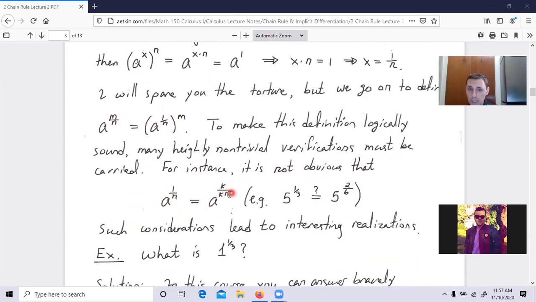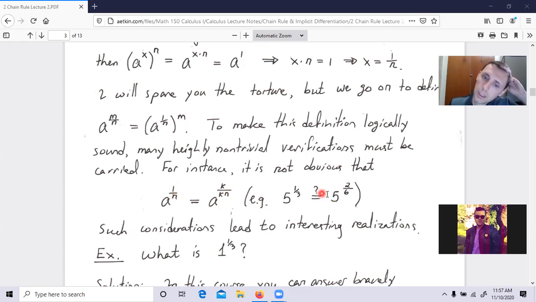But the meaning of k divided by kn, you think right away I can cancel the k. The meaning is different. If that's the meaning, then I would have to verify that taking the kn root and then multiplying the kn root by itself k times will give you the same result as if I just take the nth root of the number.